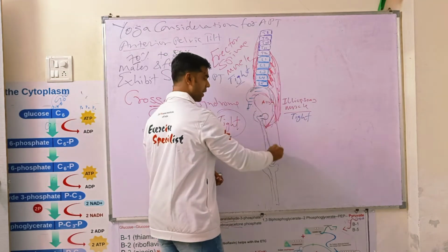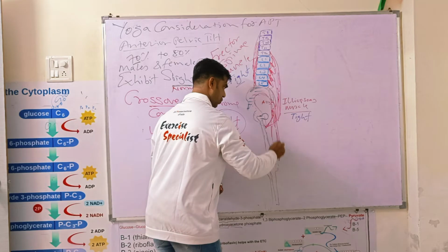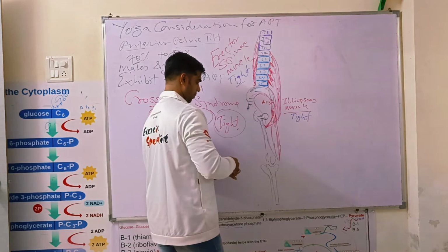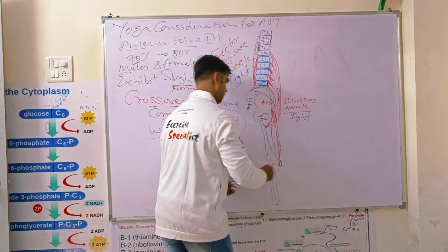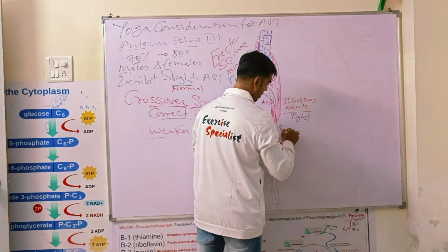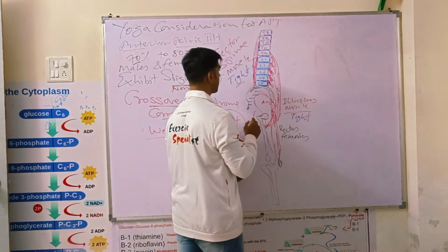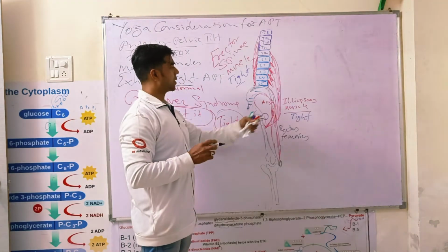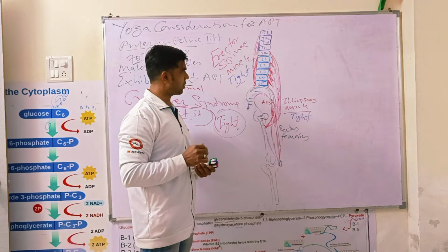This biarticulate muscle crosses two joints and attaches onto the patella here. This is called rectus femoris. So these muscle groups are tight and we need to release them with yoga asanas.